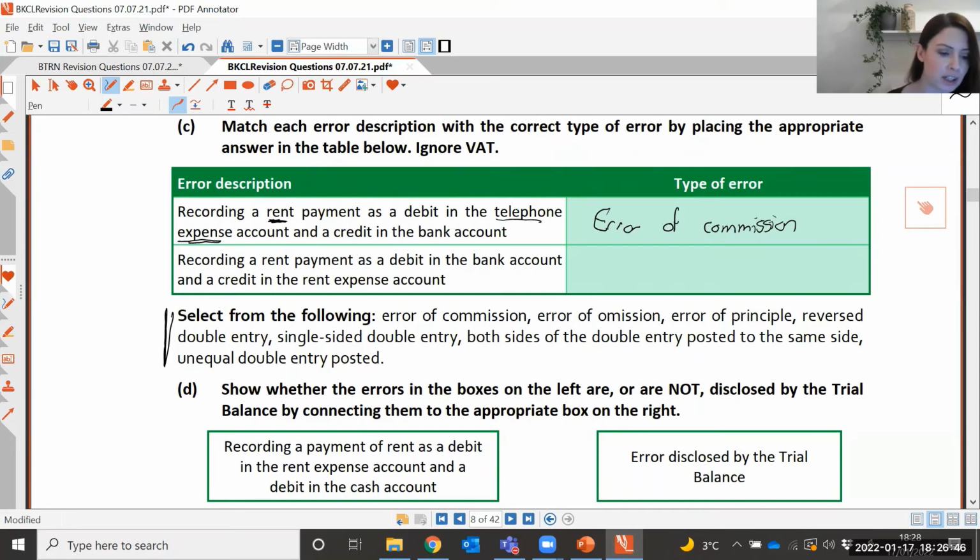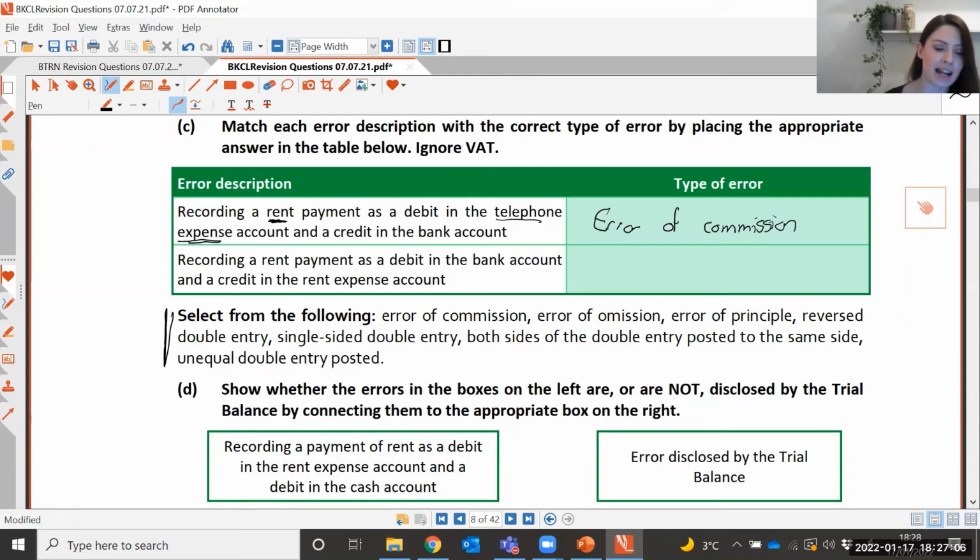Okay, the next one, recording a rent payment as a debit in the bank account and a credit in the rent expense account. Okay, so rent, think about what type of account.